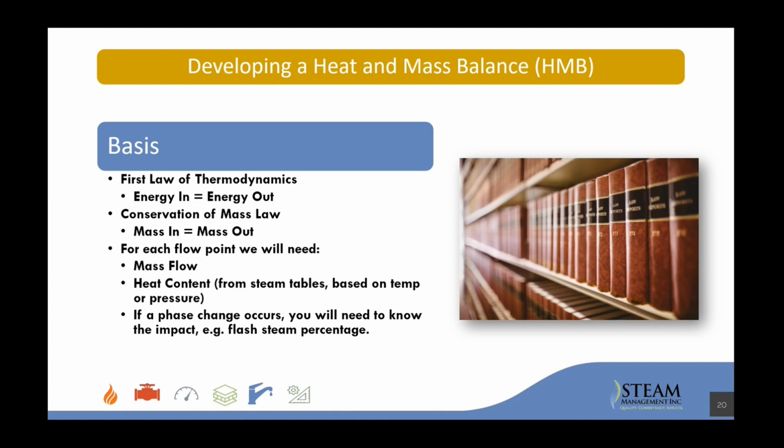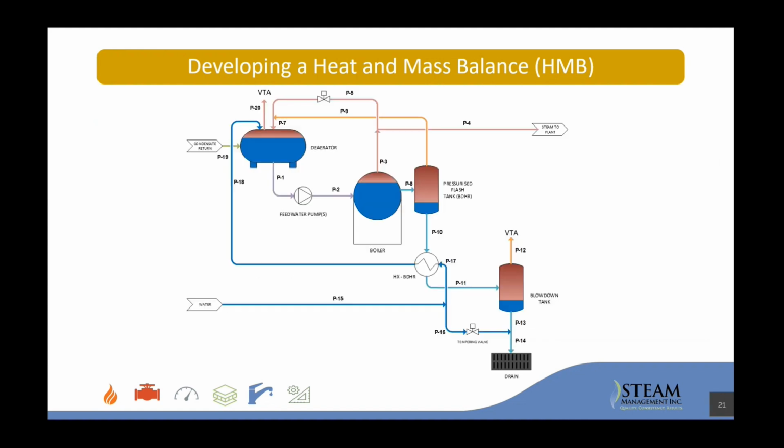For each flow point, we're going to need the mass flow and then the heat content. Luckily for steam systems, the heat content at each flow point you can get from steam tables, even on the water side, and I'll show you that in a minute. And then we need to know if a phase change occurs, what's the impact there? But that's also a heat and mass balance in itself.